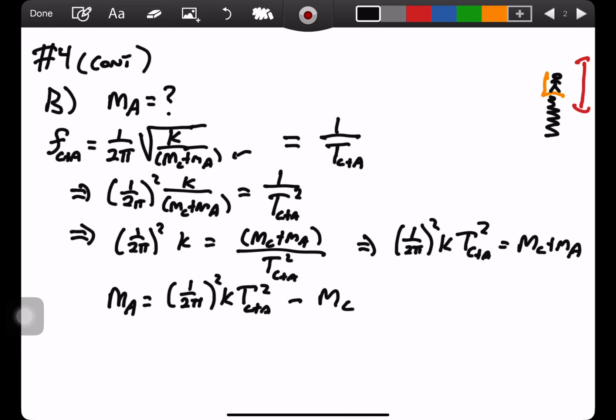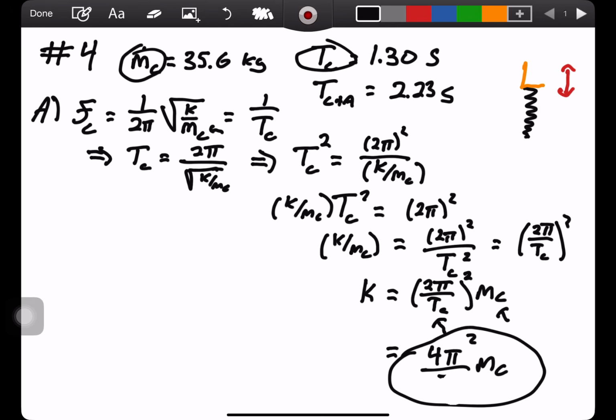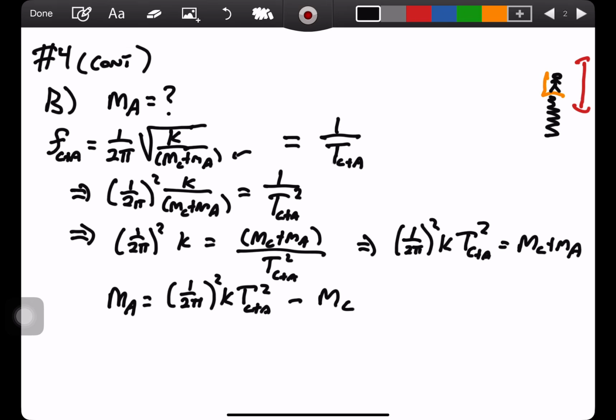So going back to part A, that is the t of the chair squared. K was equal to 4 pi squared mc over tc squared. So I can plug that in for k right here.